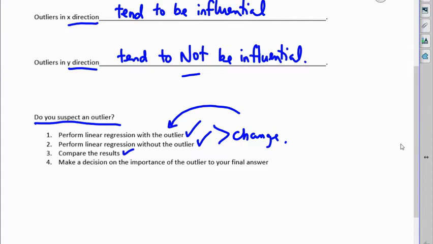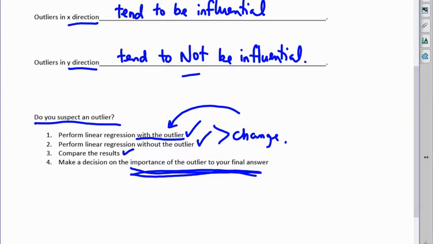If you see that there's a difference between the results, generally we go with the outlier, but you would mention that it could be very important in changing the results of your final answer.